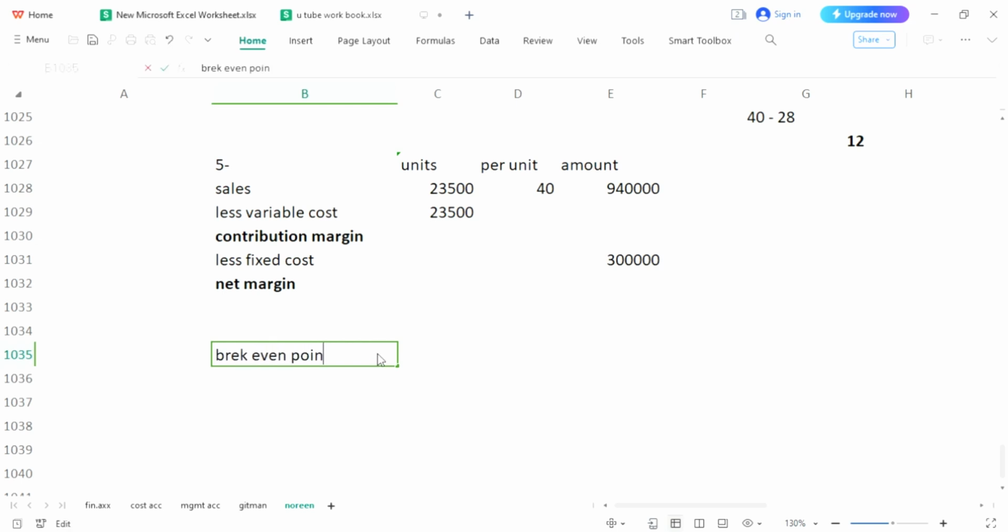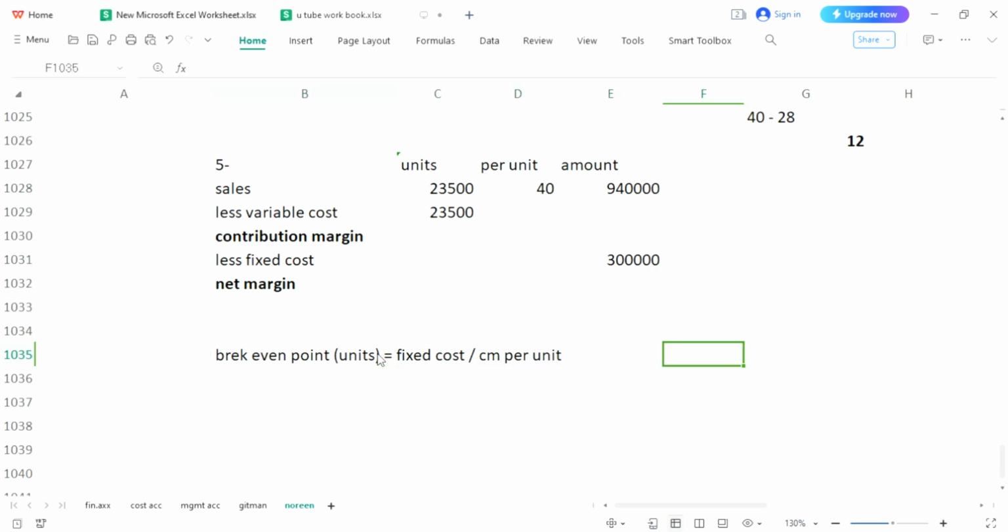Break even point in terms of units was calculated. For that, we had put fixed cost first, and that cost was divided by CM per unit. You have calculated CM per unit as well, where your sale price was taken, per unit, and then you subtracted your variable cost, again per unit.